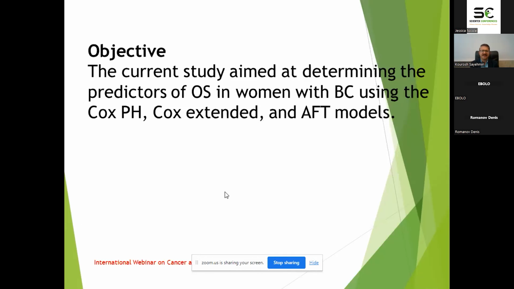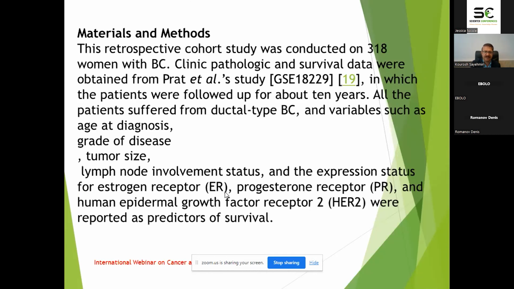The objective of this research is determining the predictors of overall survival in women with breast cancer using the Cox-PH, Cox extended, and AFT models. I compare these models to each other. This retrospective cohort study was conducted on 318 women with breast cancer.